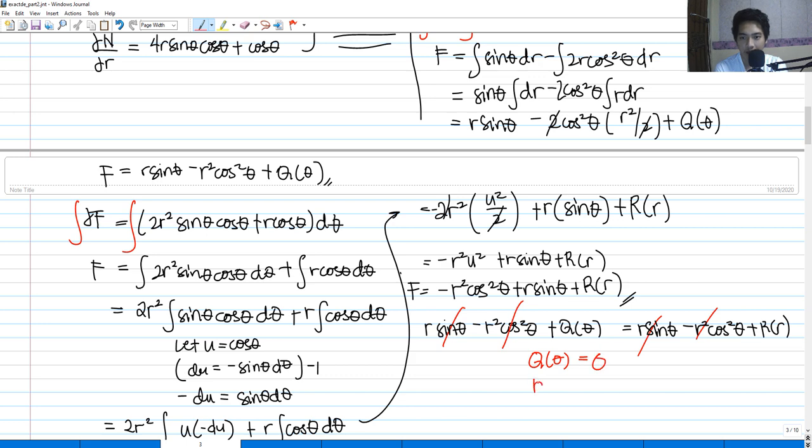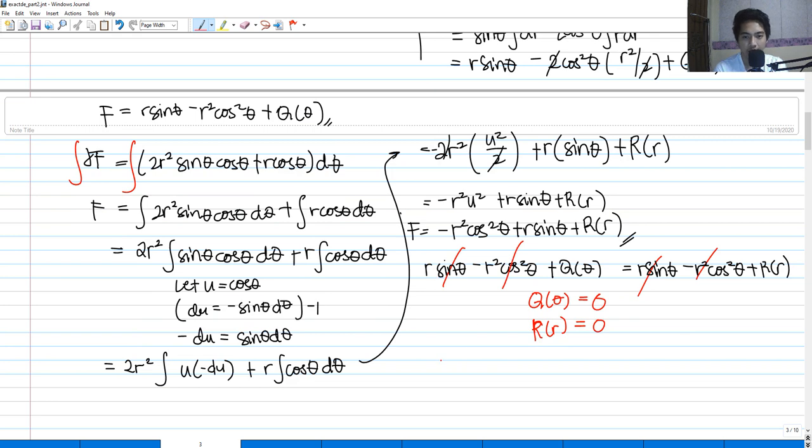And R of r, since on the left side there is no term purely in terms of r, that would be 0. So our answer would still be r sine theta minus r squared cosine squared theta equals the constant C on the right side of our solution.